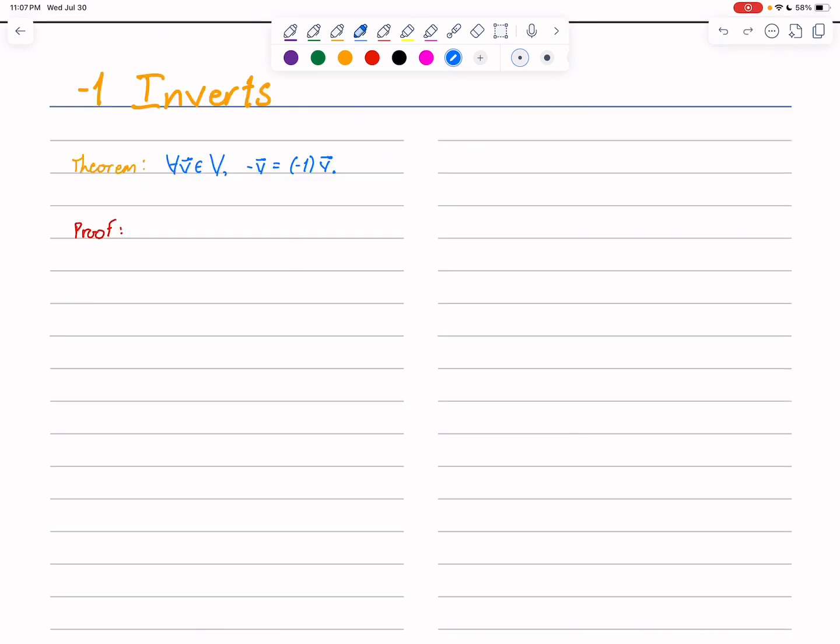Okay, so how are we going to prove this? Well, let's use the fact that we've already shown that inverses are unique. We're actually going to use that earlier theorem from the previous video and say that, since inverses are unique, what I can do is show that this thing on the right-hand side has the inverse property. Namely, I want to show the following.